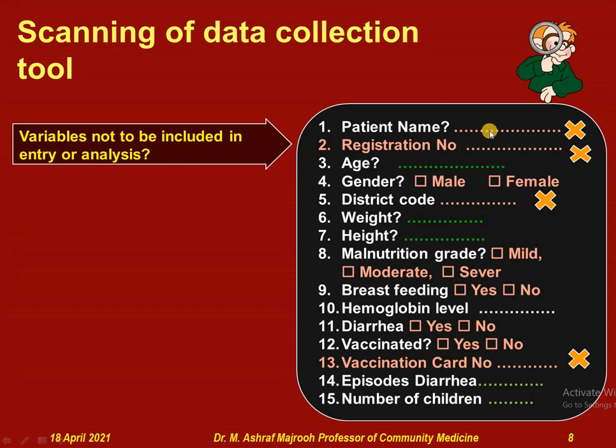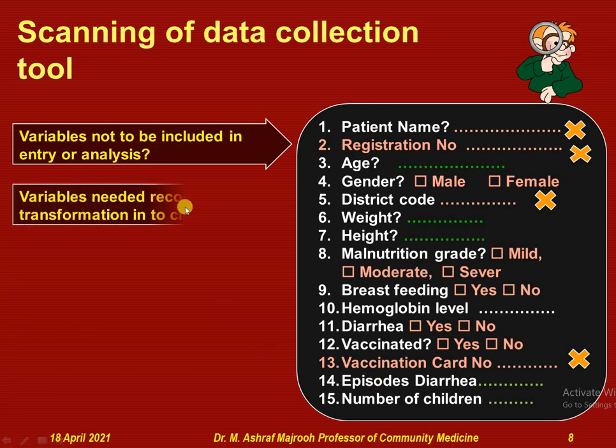It may not be included in data entry. Similarly, registration number is also for identification, and may or may not be included. Similarly, district code is sometimes needed and sometimes may not be included. And the vaccination card number may not be included for analysis.